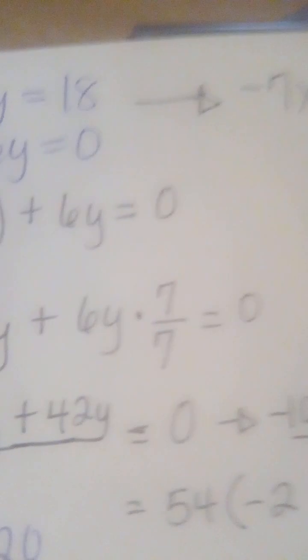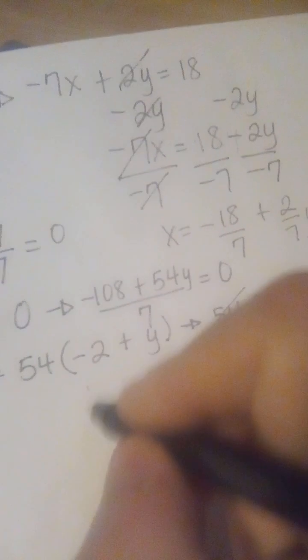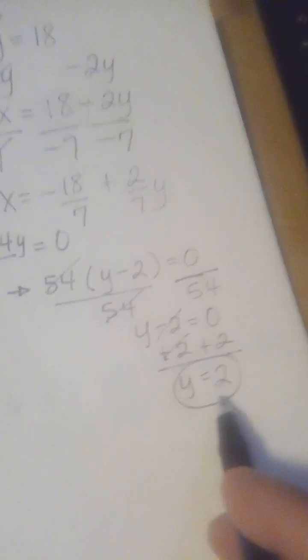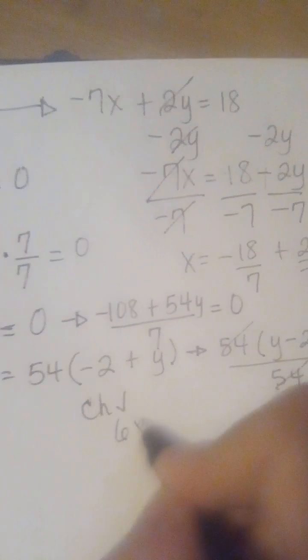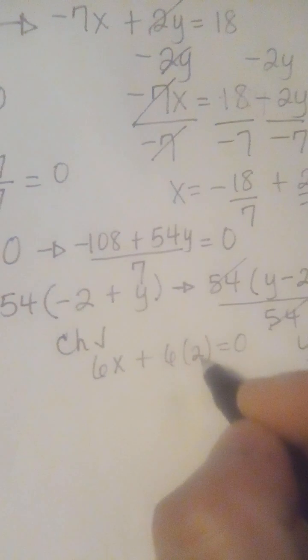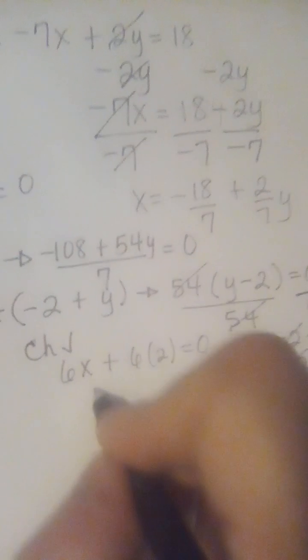You could do this on your own. You could do it in your calculator. I'm going to move this just a little bit. I'm going to use the 2 in the original equation right here. We substitute y. We got 6x plus 6 times 2 equals 0. And then we multiply, 6 times 2 is 12.